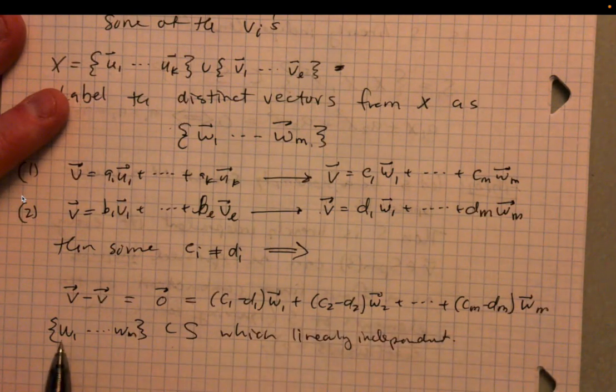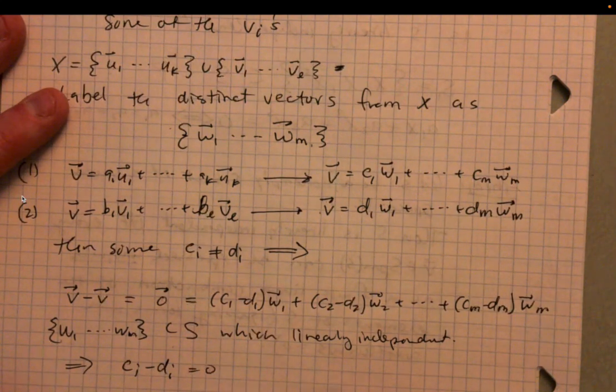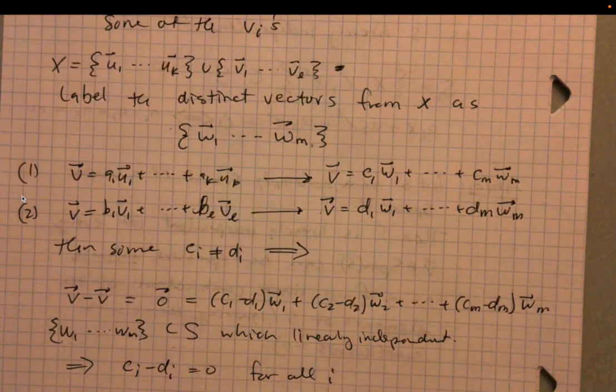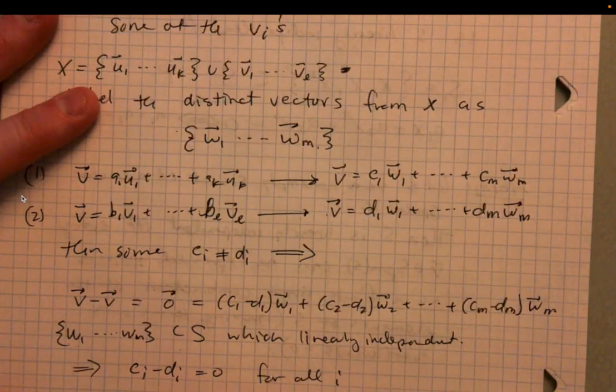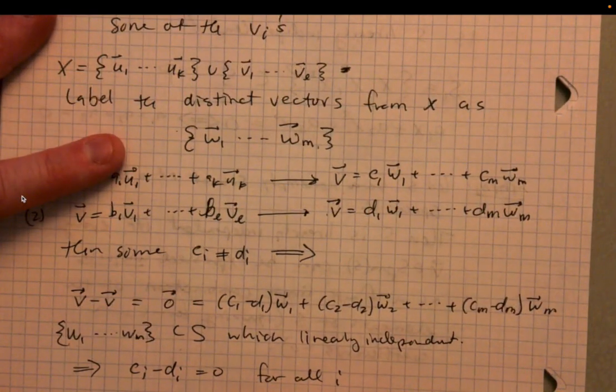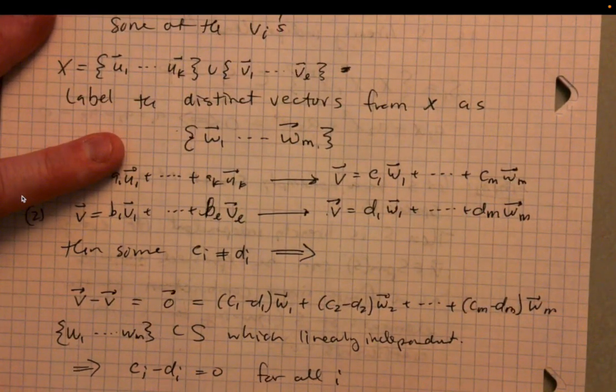Okay, so if this is from S, which is linearly independent, that implies that ci minus di equals 0 for all i. Right? Now, what's wrong with that? Well, the problem is we assumed that one of them is different. So this implies a contradiction, because we assumed that some ci was not equal to di.